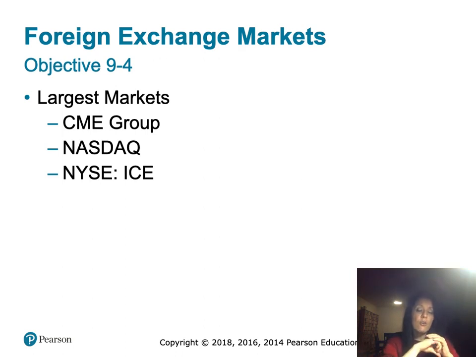The final organized exchange that we will be talking about is the New York Stock Exchange, ICE. In 2013, Intercontinental Exchange, ICE, purchased NYSE Euronext, forming NYSE IC. Okay, so this was a merger transaction between ICE and NYSE Euronext.